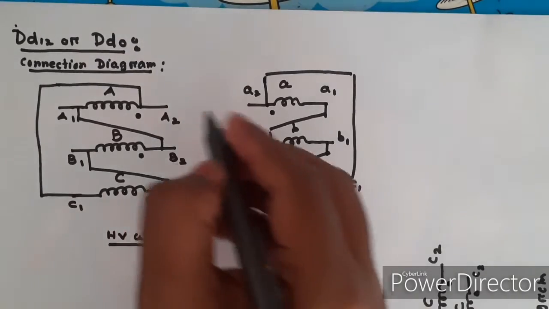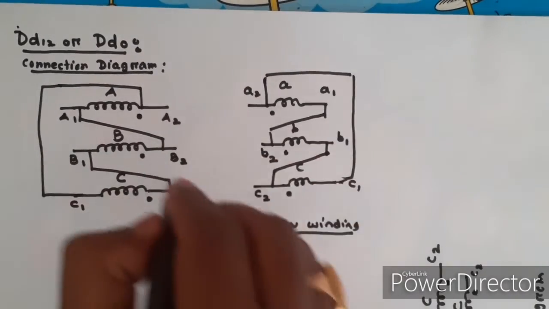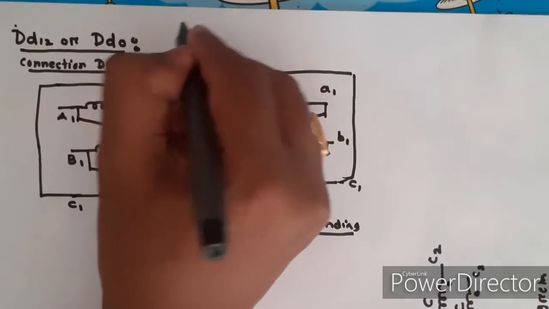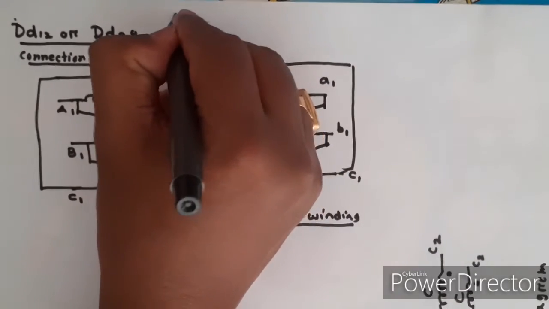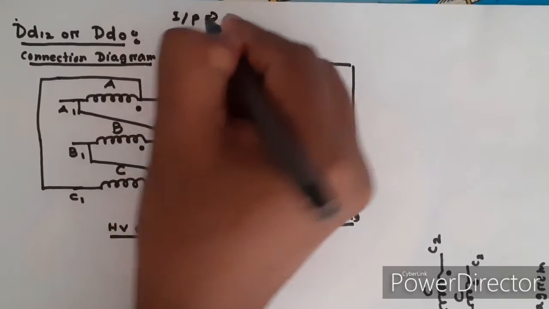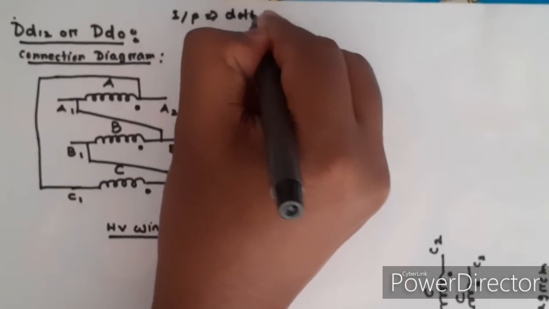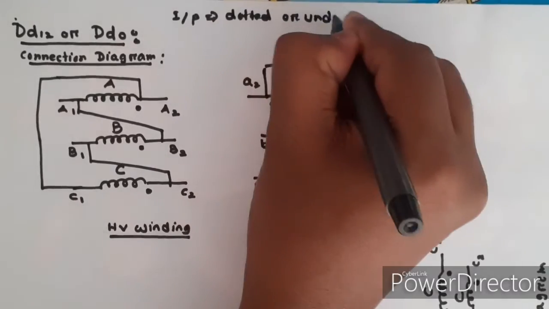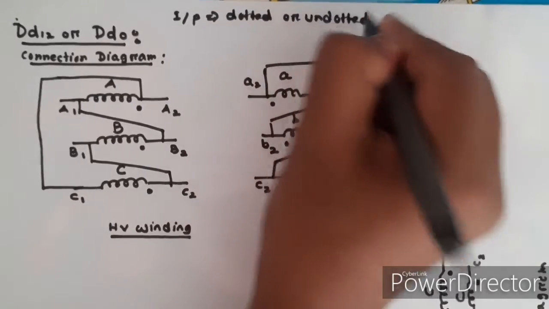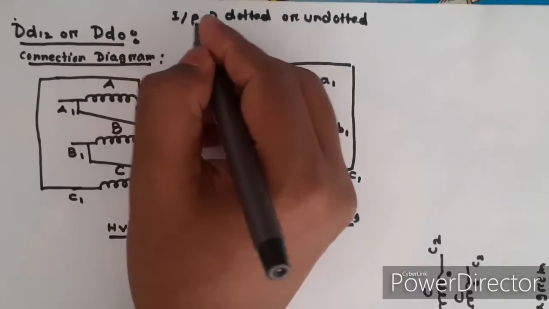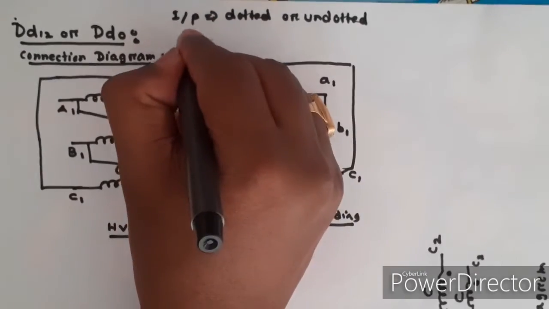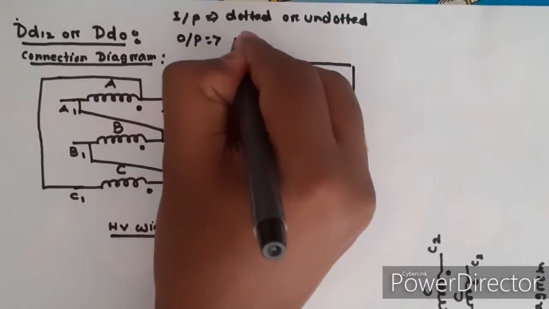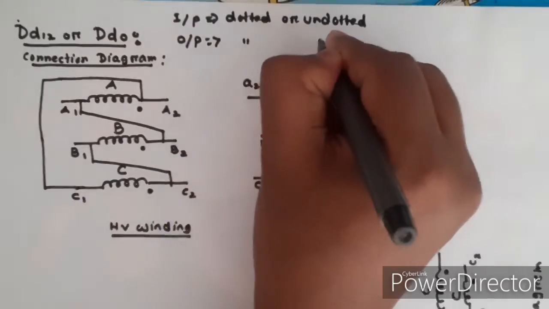Here the input and output. The input may be dotted or undotted, and output also may be taken from dotted or undotted.